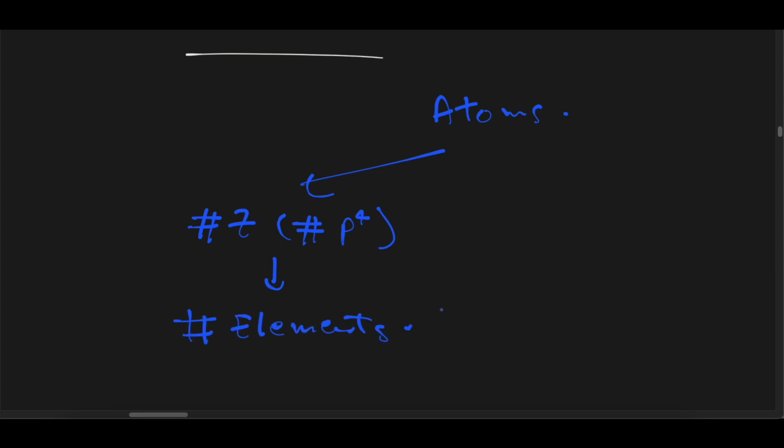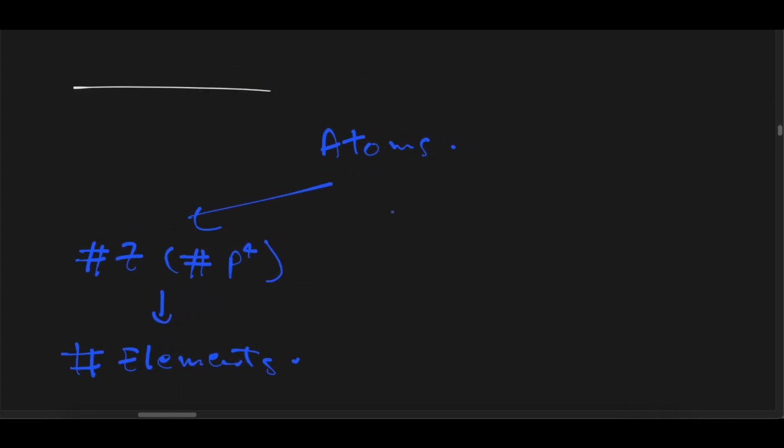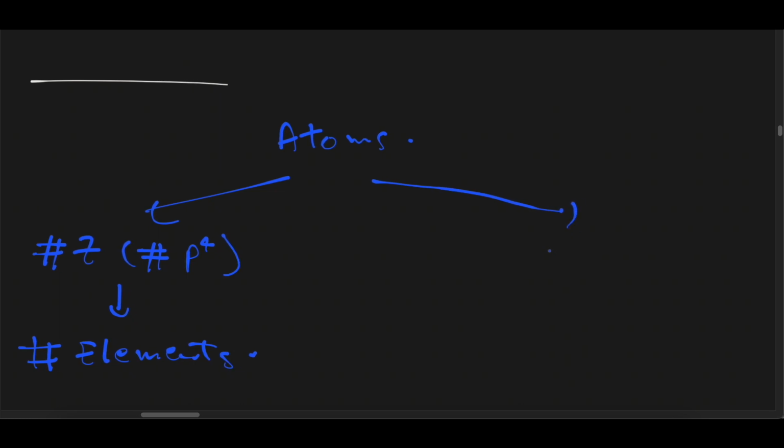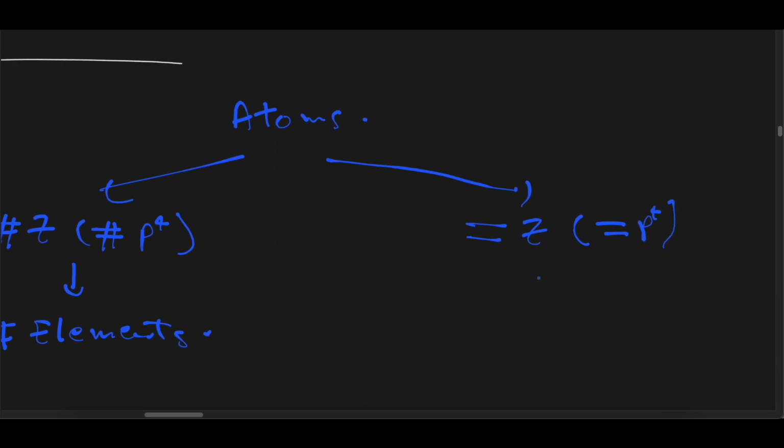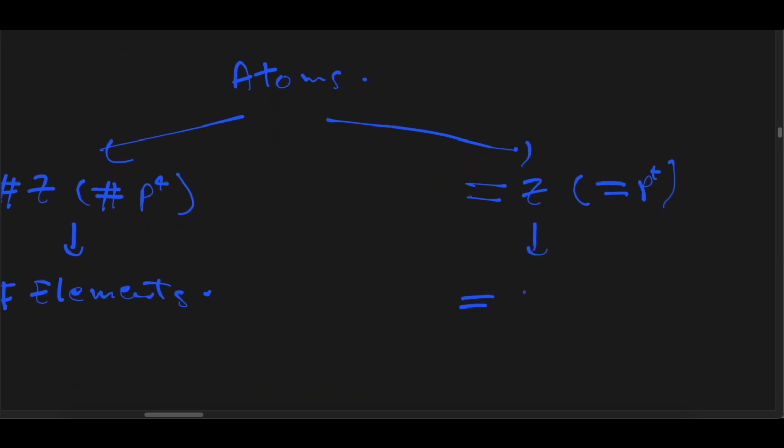As a rule, different atomic number means different elements. But if they have the same atomic number, which means the same number of protons, they belong to the same element.